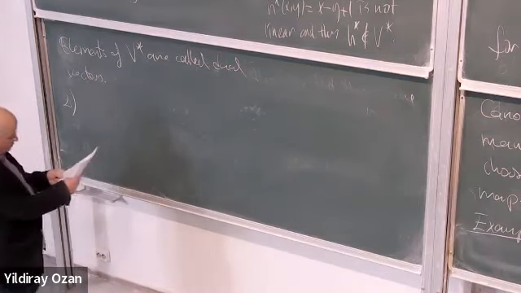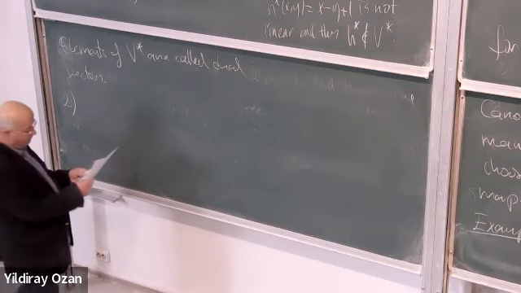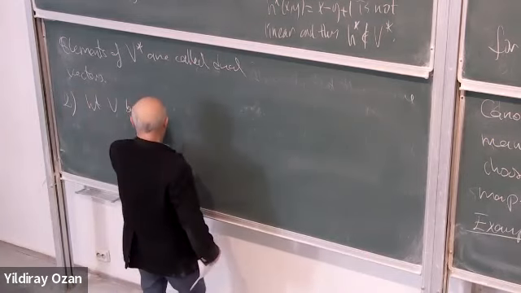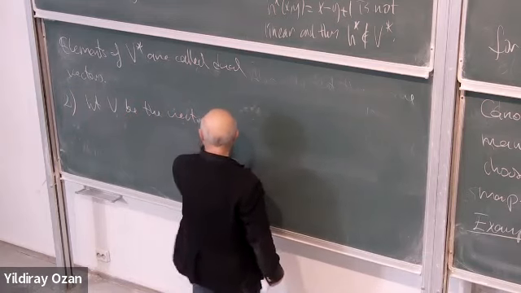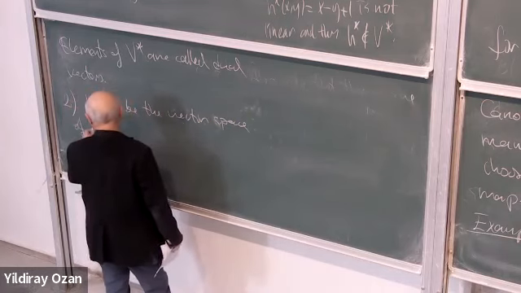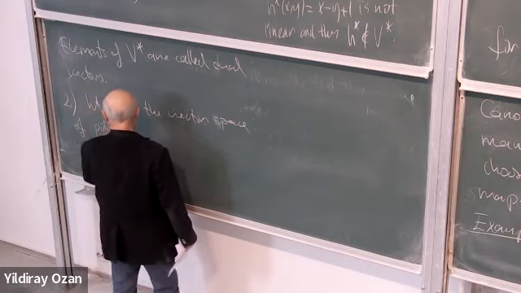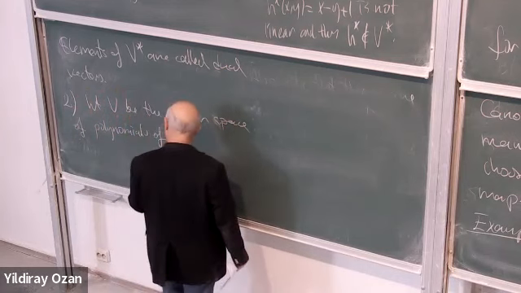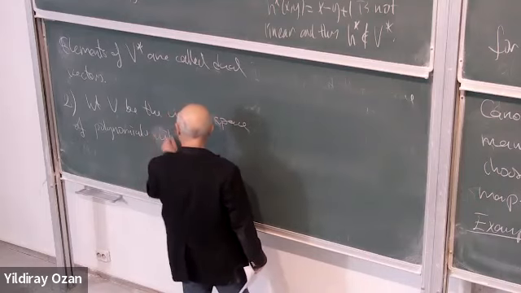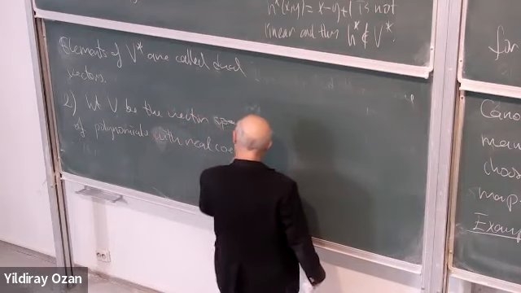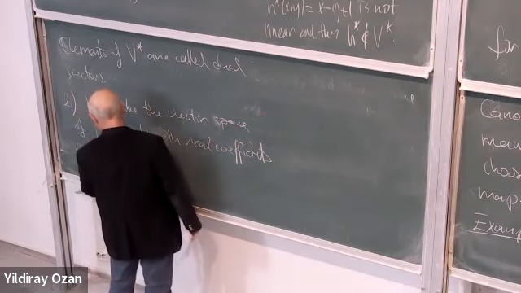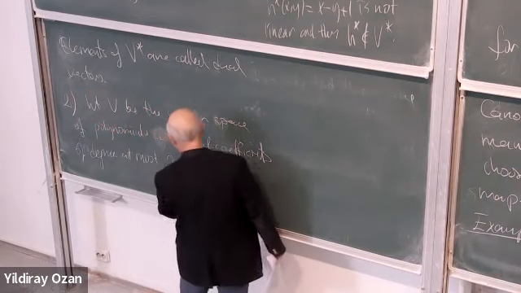Second example. Let me give the vector space of polynomials with real coefficients of degree at most 2.